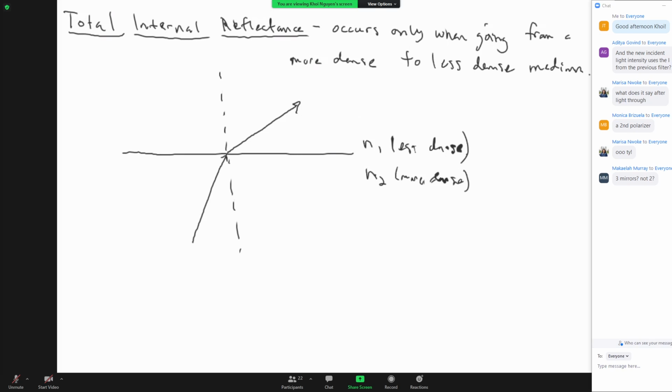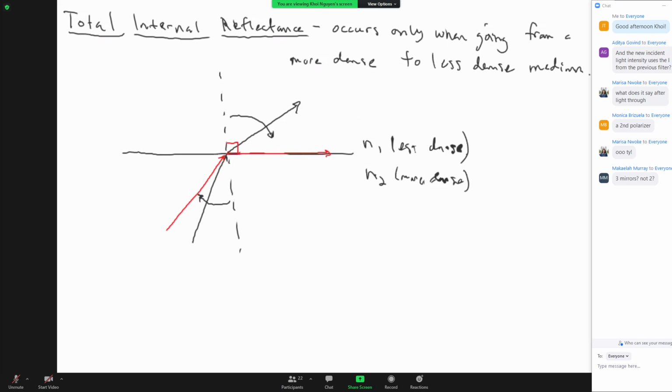Hence the variable nature. So if we keep on increasing this angle, we keep on swinging it out, you're going to notice that this ray keeps on bending further and further away from the normal, okay? So much, in fact, that at a certain angle, that ray bends exactly at 90 degrees to the normal, right?